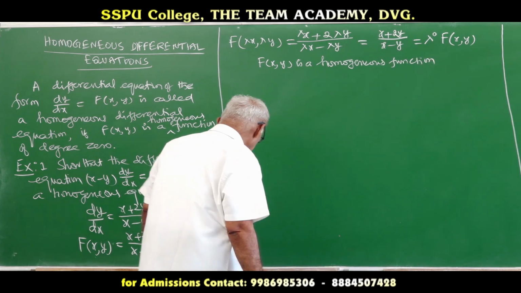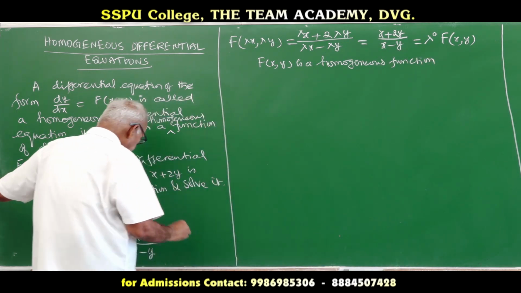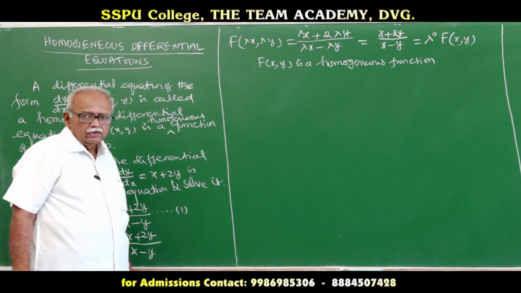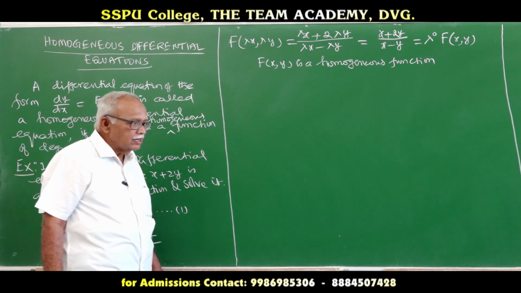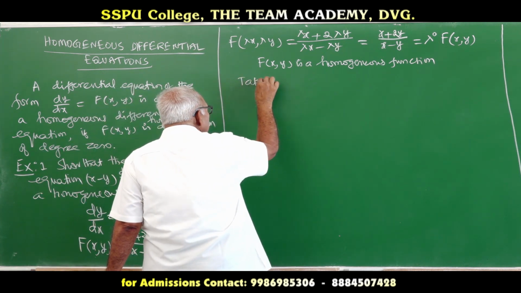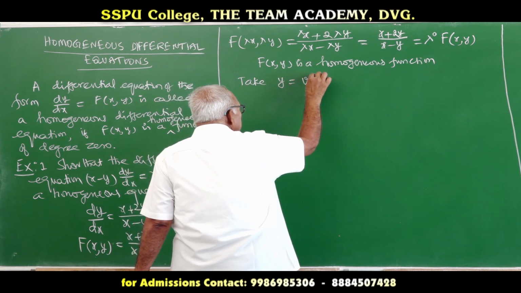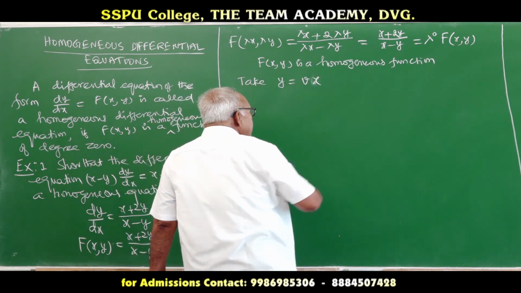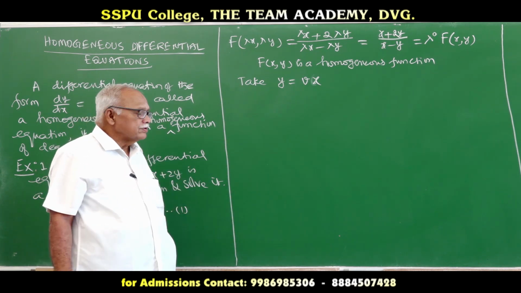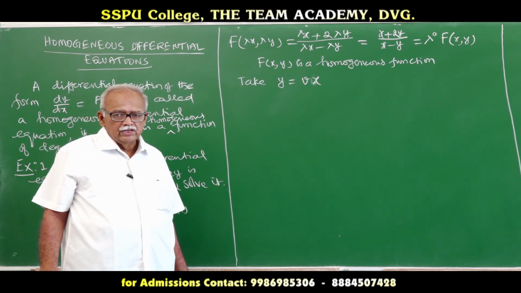Now, for solving this equation, keep this as equation 1. We have to take a substitution. What substitution are we going to take? Take y by x is equal to v, or y is equal to vx.